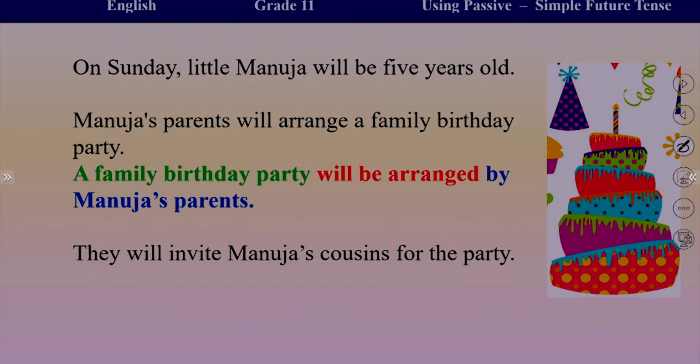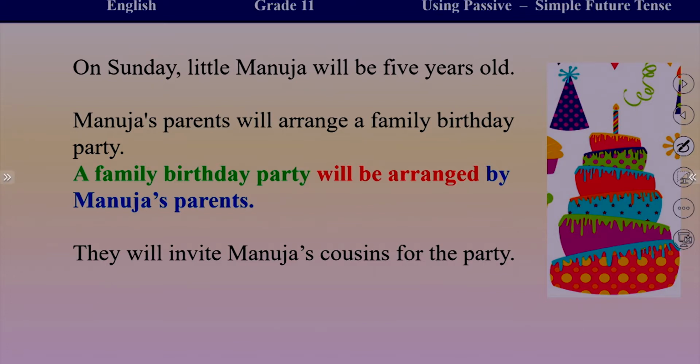Hope you can clearly understand the color indications. If you take the sentence, Manuja's parents will arrange a family birthday party, Manuja's parents is the subject. Will arrange is the verb. A family birthday party is the object. So in the passive form, you can clearly see how I have taken a family birthday party, that is the object of the active sentence, in the subject position.